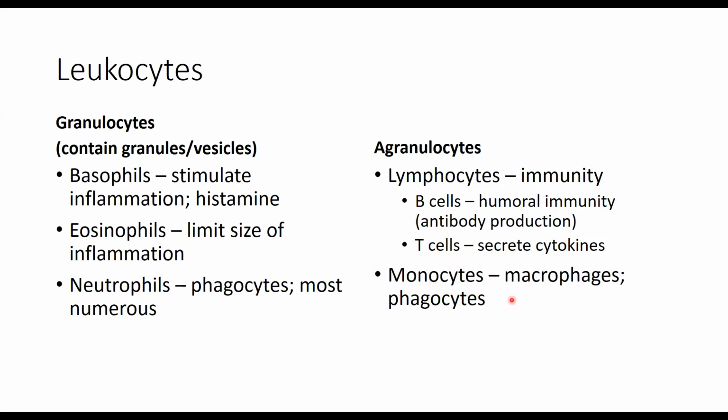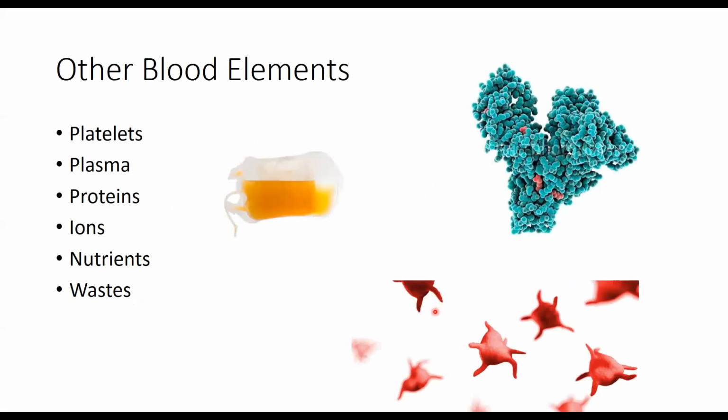Monocytes are types of macrophages. So we have these in all different kinds of places in our bodies, our lungs, for example, and we'll talk more about that in the spring semester. But these cells are important because they too engage in phagocytosis, or engulfing and eating, and therefore eliminating foreign molecules.